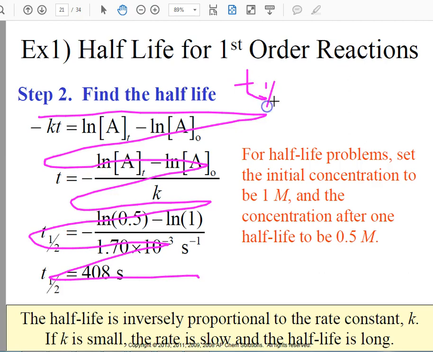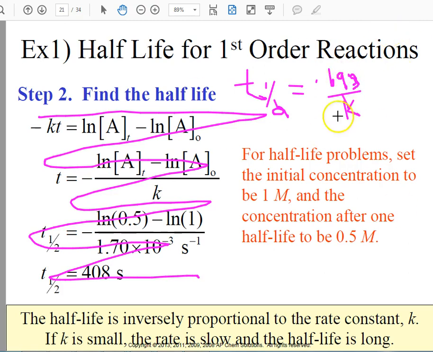And it says T1/2, which means the half-life, equals 0.693 over K, little k. All right. T1/2 equals 0.693 over little k.